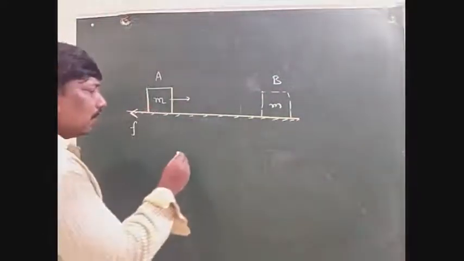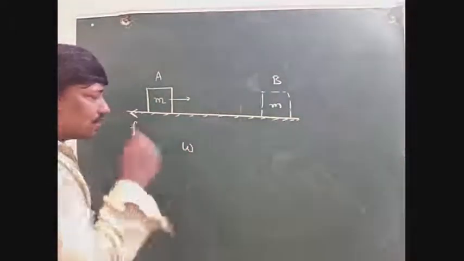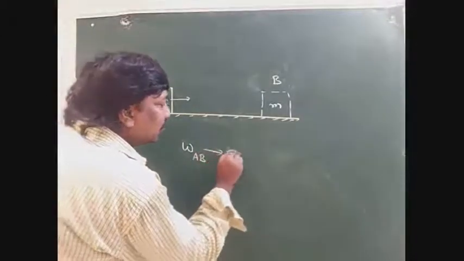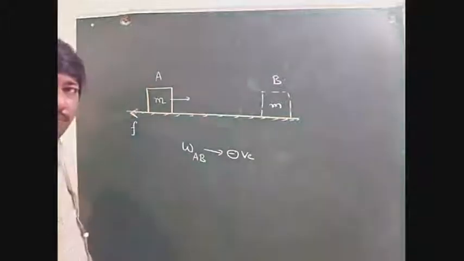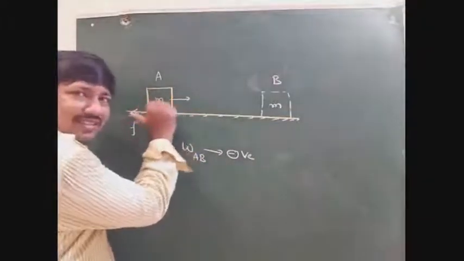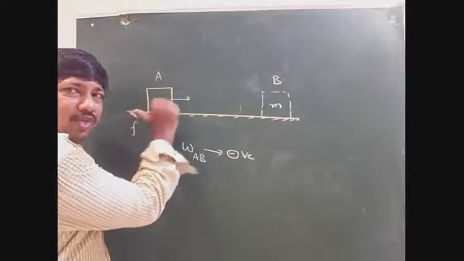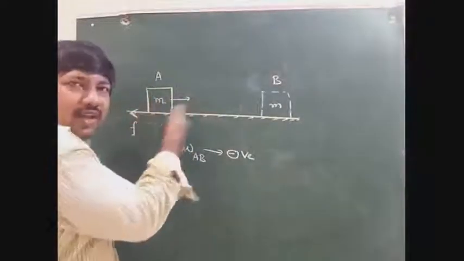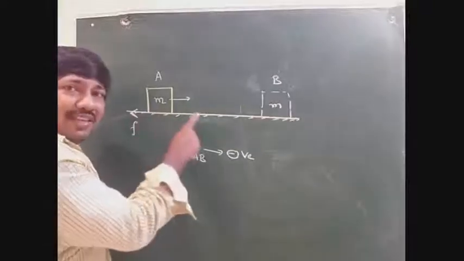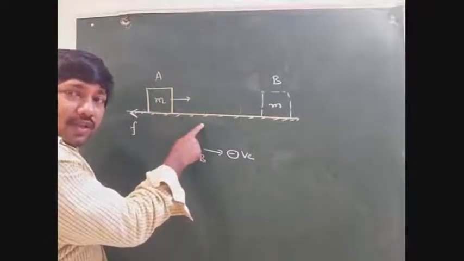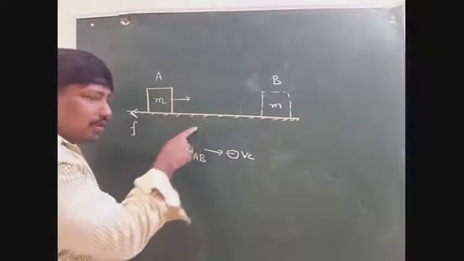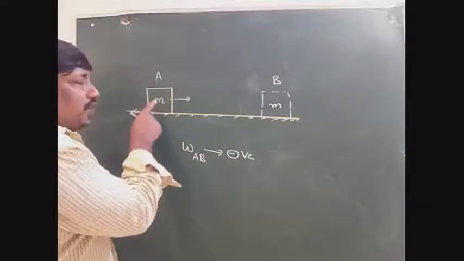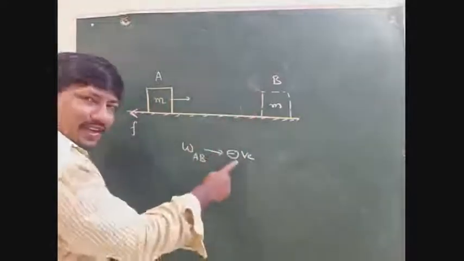So the work done by the frictional force from A to B is negative, because the frictional force is in the opposite direction of the motion, but the displacement is in the forward direction. So the frictional force and displacement are anti-parallel vectors, and the work done by the frictional force from A to B is negative.